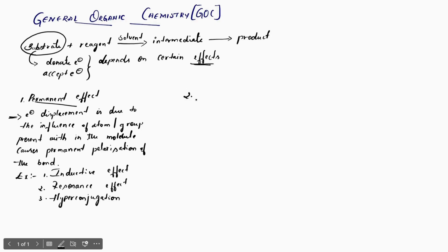Next type is temporary effect. In the temporary effect, electron displacement takes place in the presence of an attacking reagent.